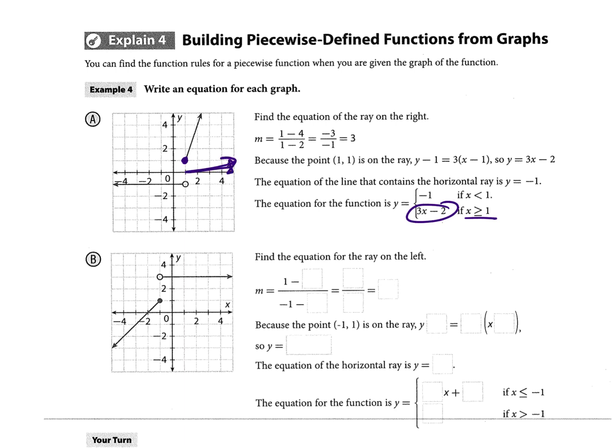If we're moving to the right on the number line, those x values are bigger. And you can see as it moves to the right, it is approaching that same 3x minus 2 line, or ray, excuse me. And then for the other piece, it is an open circle here. So it has the less than symbol, and it uses this function, or this rule.